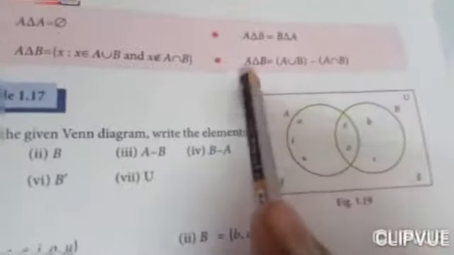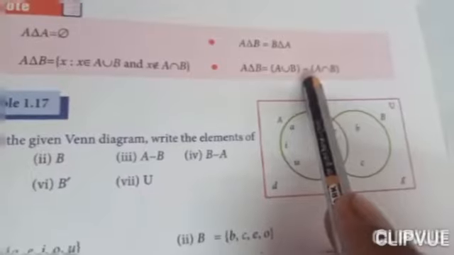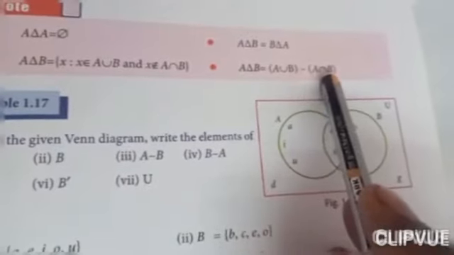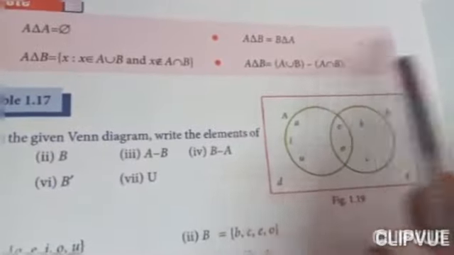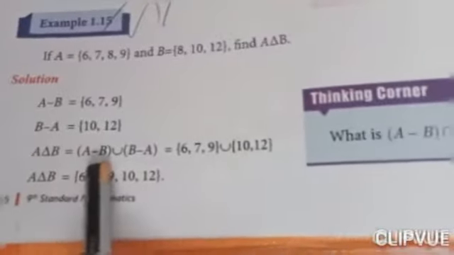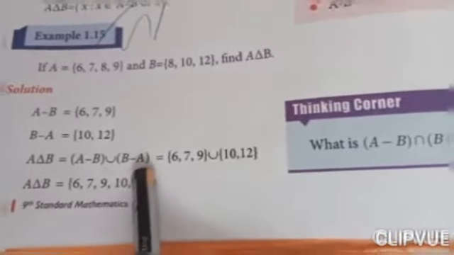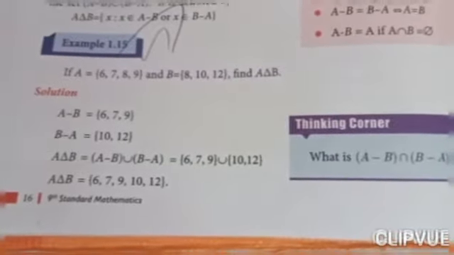And one more way they write A symmetric B is A union B minus A intersection B, that is, A union B difference A intersection B. You can do it this way also, but the standardized method is A symmetric B equals A minus B union B minus A. This is only the fourth Roman number in Exercise 1.3.